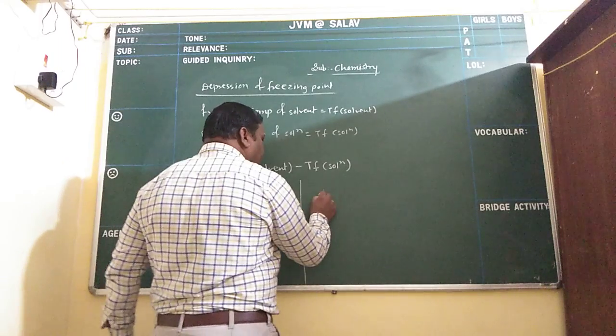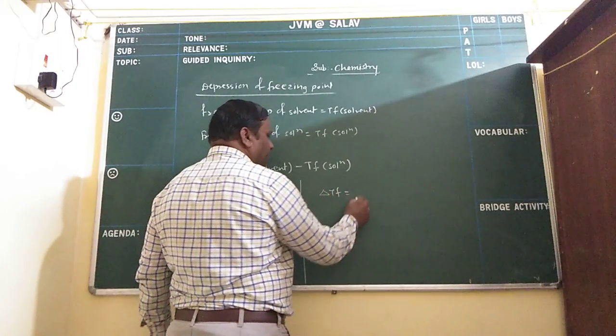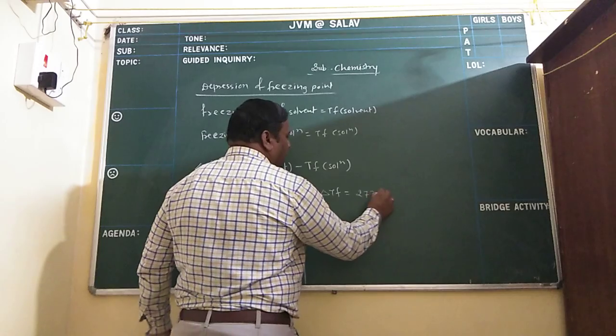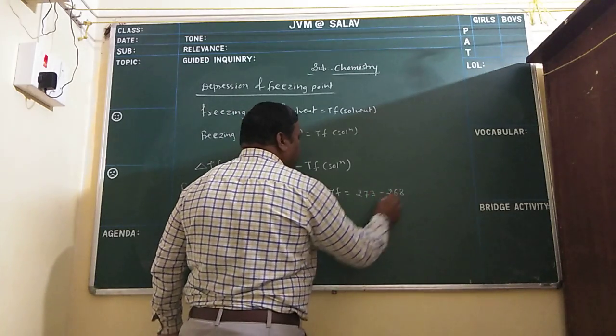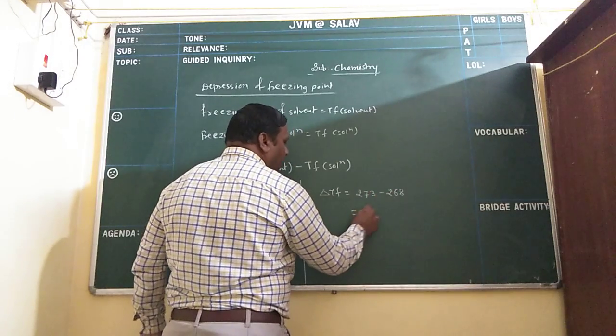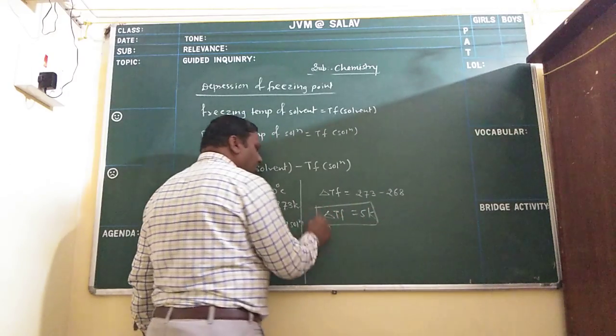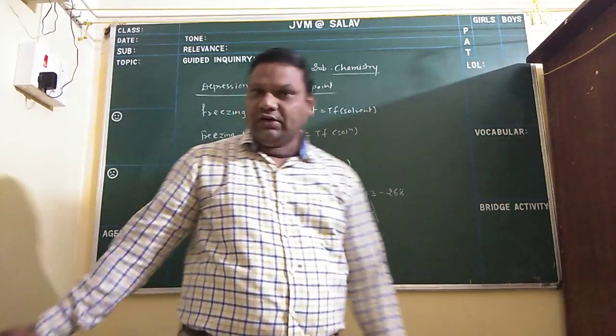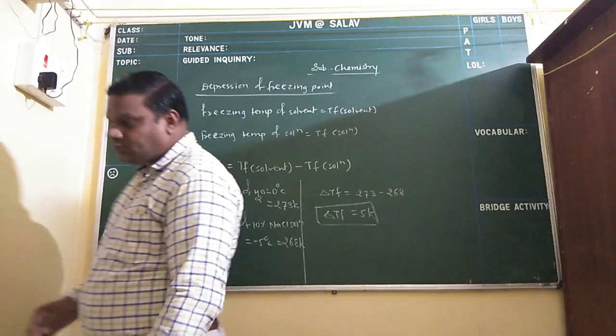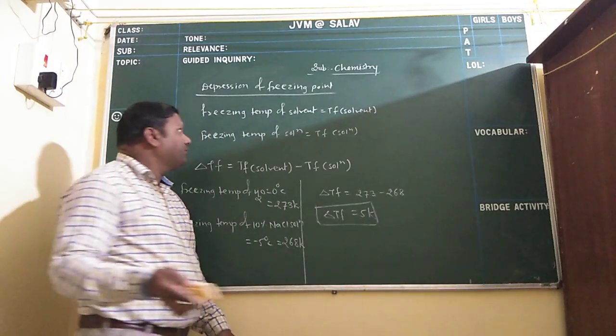So what is the del TF here? Del TF will be 273 minus 268, which is equal to 5 Kelvin. Understood?